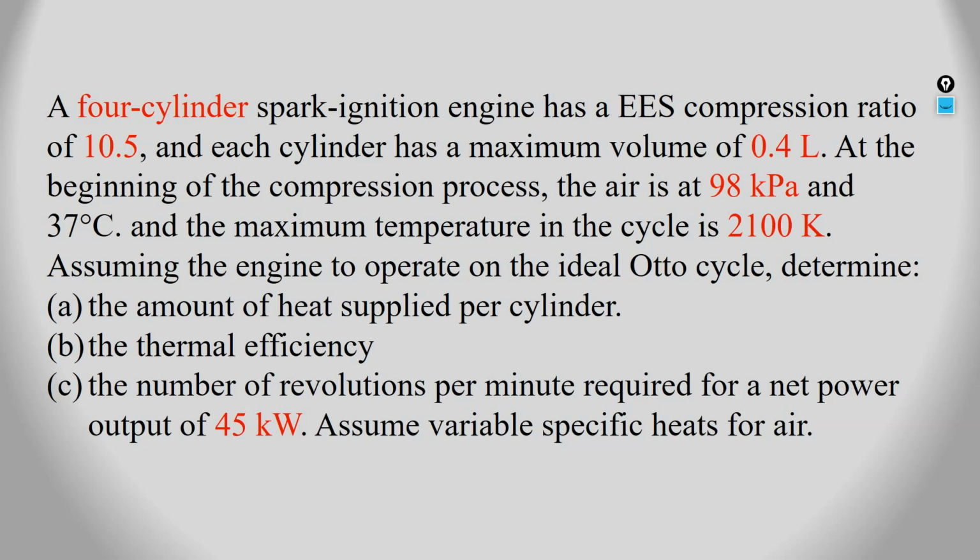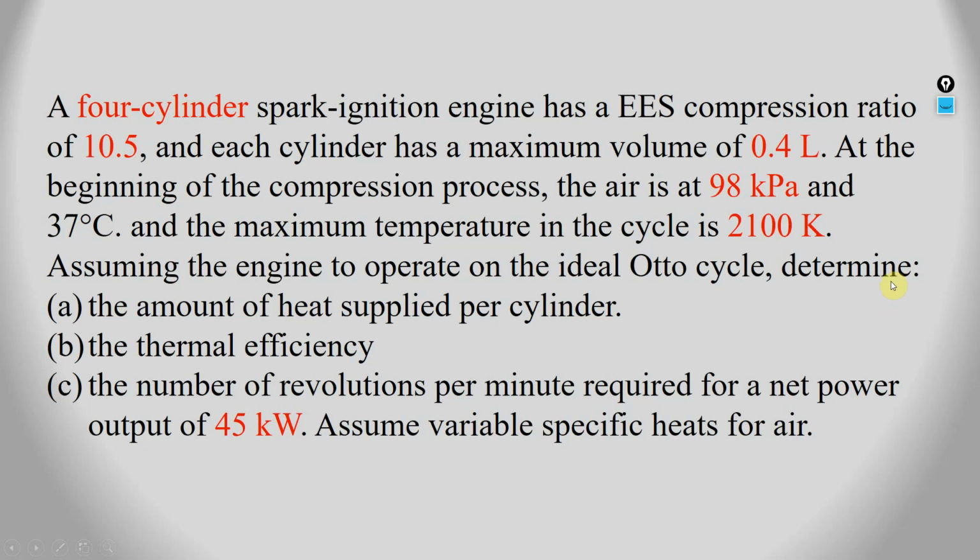Assuming the engine to operate on the ideal Otto cycle, determine the amount of heat supplied per cylinder, the thermal efficiency, and the number of revolutions per minute required for a net power output of 45 kilowatt. Assume variable specific heats for air.